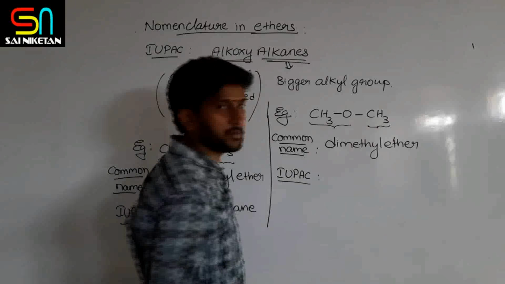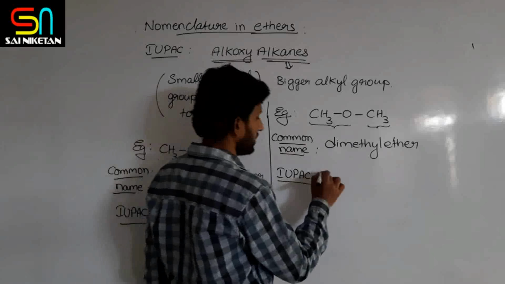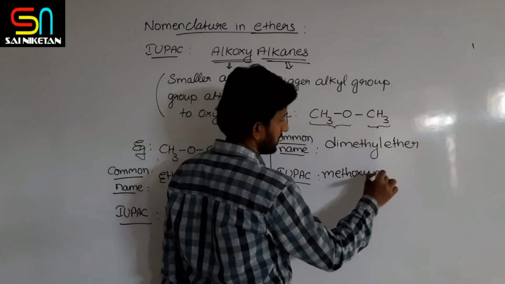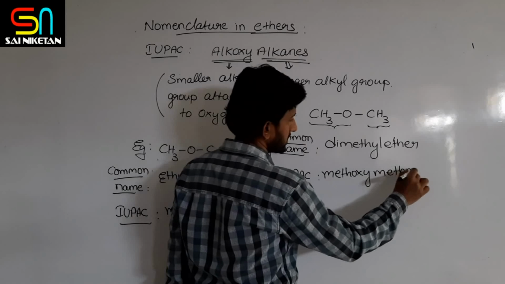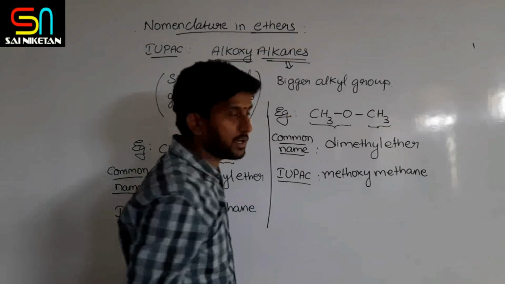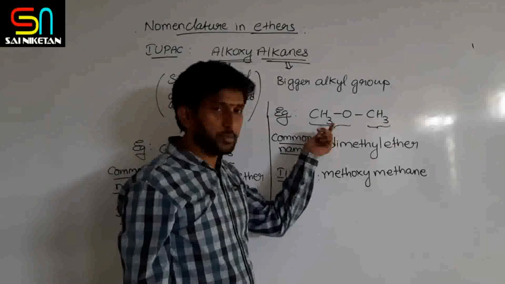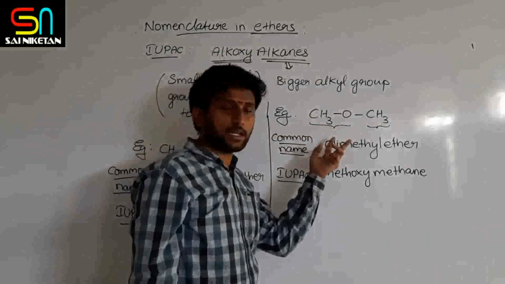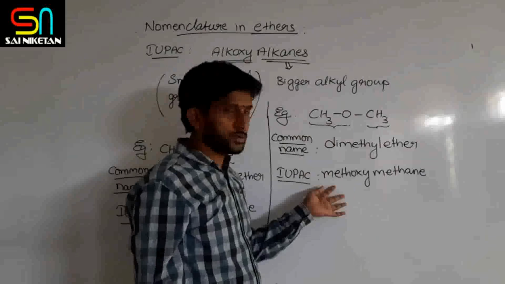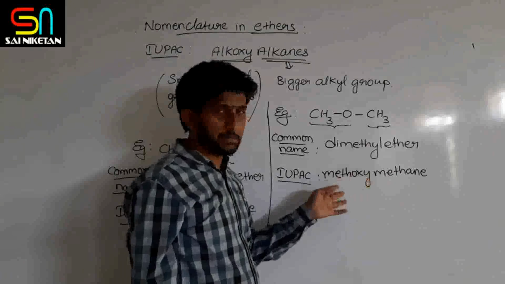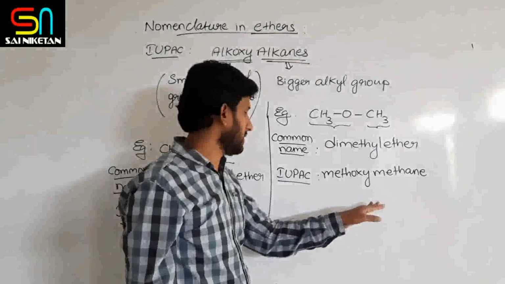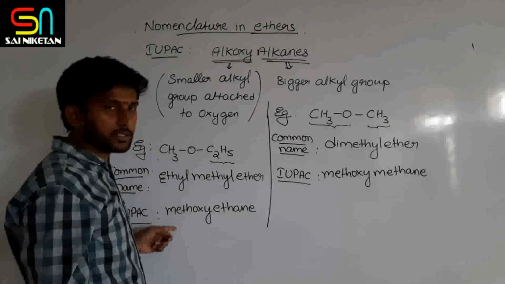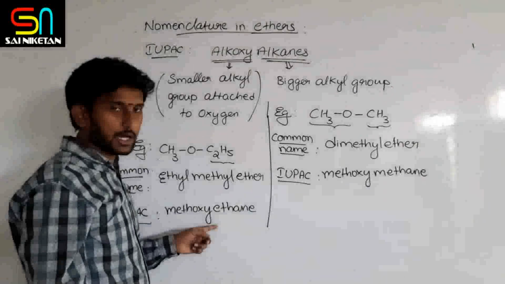So the IUPAC name of this compound will be methoxymethane, because the IUPAC name should be in the format of alkoxy alkane. Here two alkyl groups are the same, that's why you can use both the same terms, methoxy, methane. But where two alkyl groups are different, the smaller alkyl group is alkoxy, the bigger alkyl group is alkane.